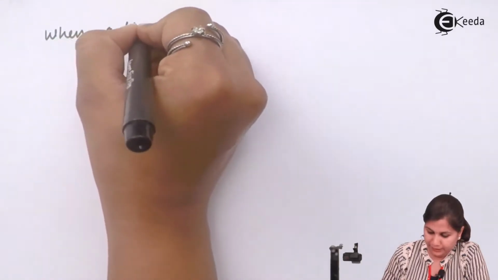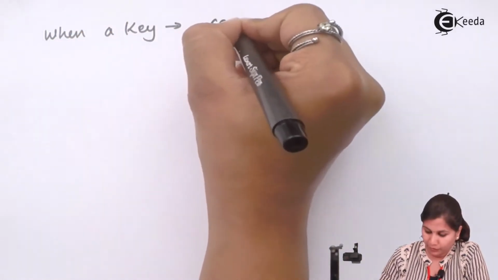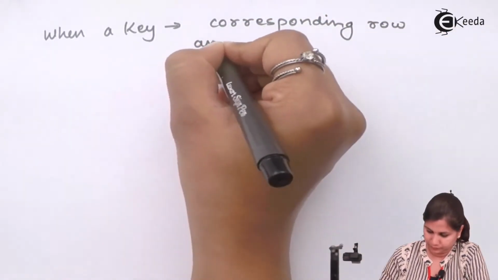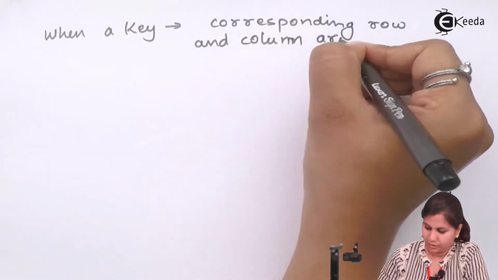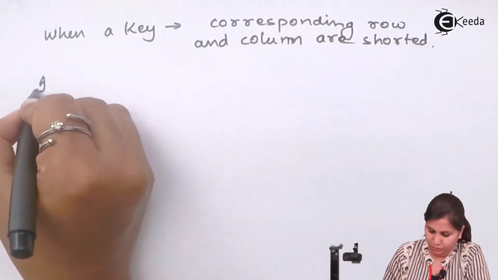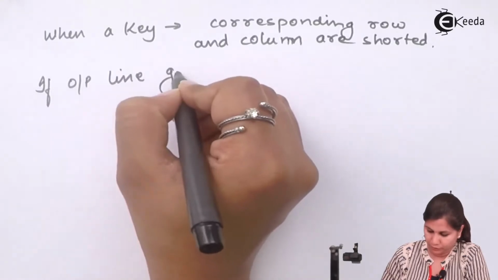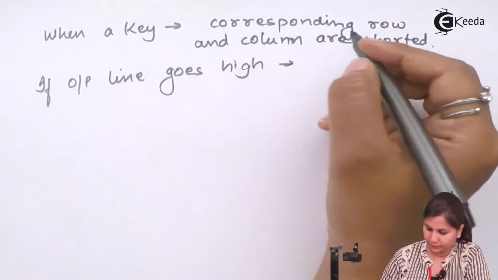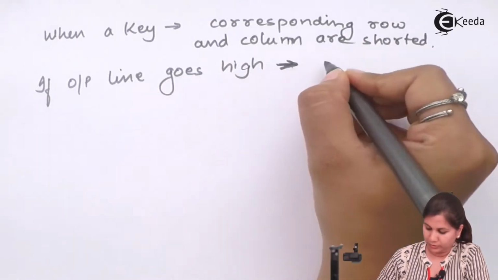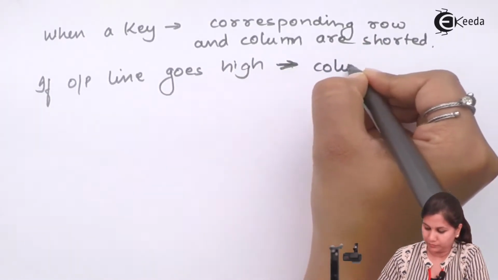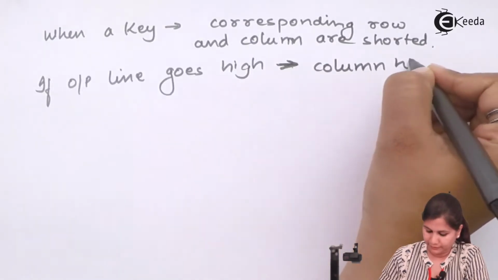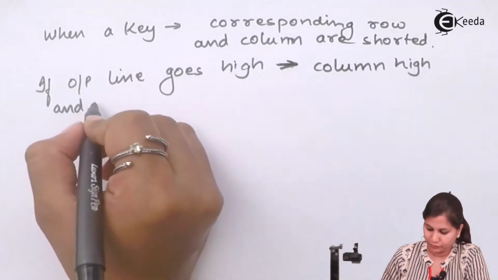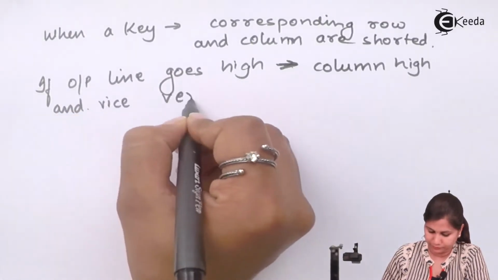Now when a key is pressed, the corresponding row and column are shorted.